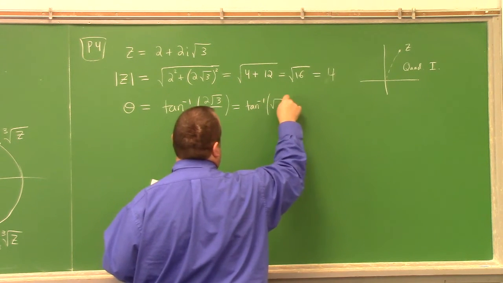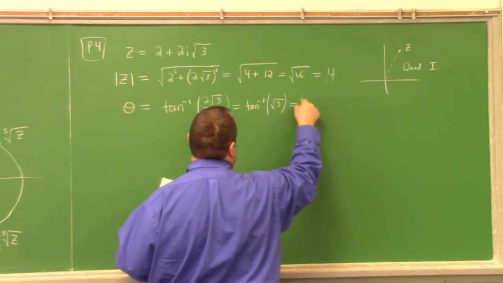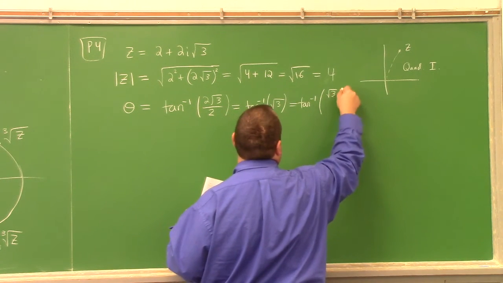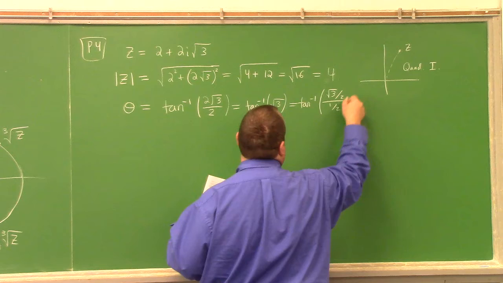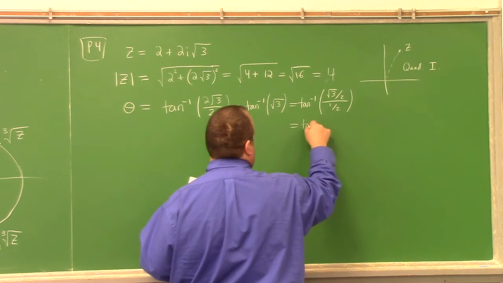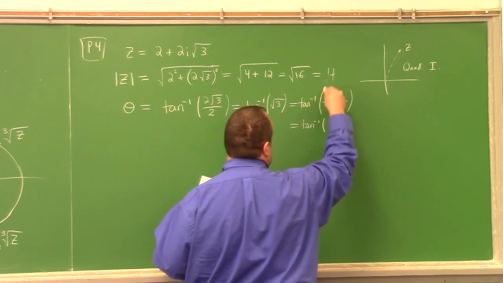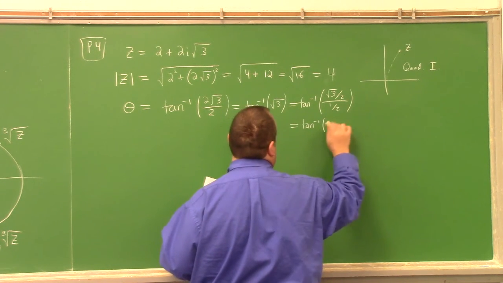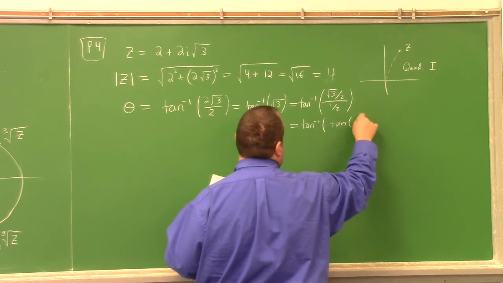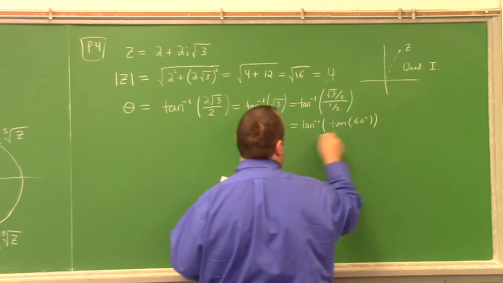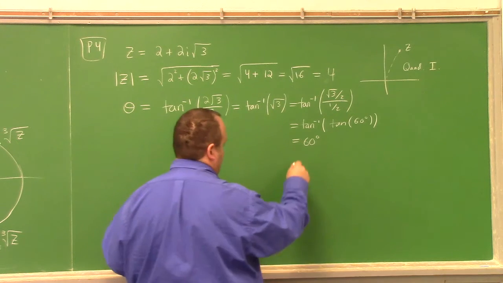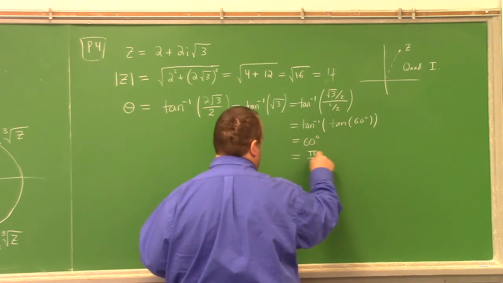Now we have calculators, so we can just calculate it, but I'll be lazy and show you that this can also be calculated without a calculator. See, it's actually the inverse tangent of, to get root 3, the tangent of 60 degrees. Anyway, what we're interested in here is pi over 3 radians.